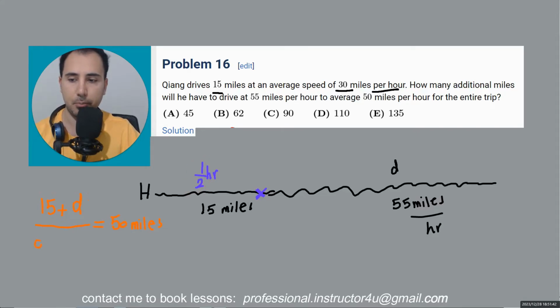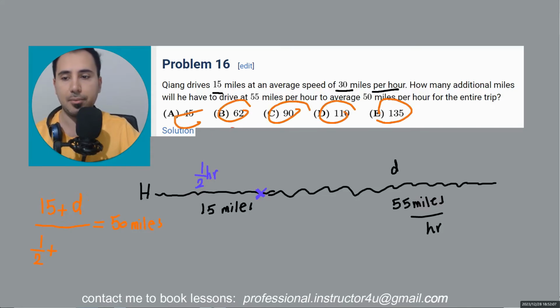You could write it as 0.5, or as a fraction, whichever you're more comfortable with. And then we need the time. Do we have the time? No. So what should we do? I think the best way to do questions like this is usually to go through the options and do trial and error rather than solving an equation. It's much, much faster.